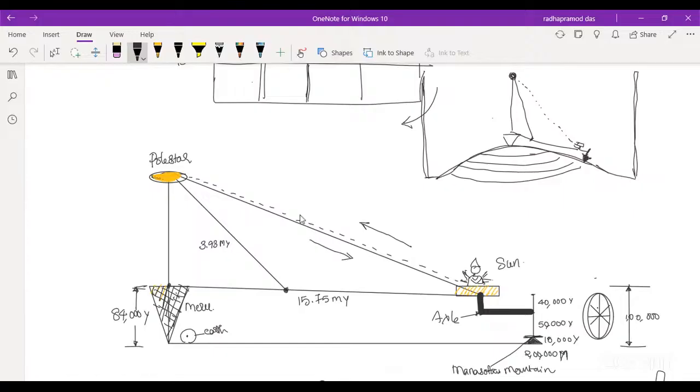This is Uttarayana. This is Dakshina. And it goes six months up, six months down.